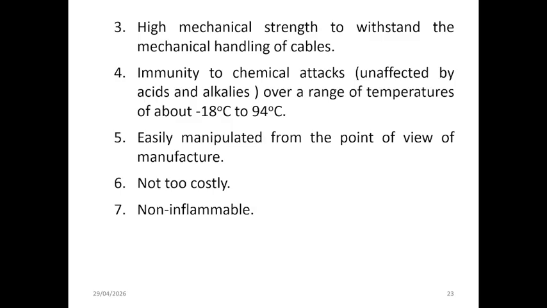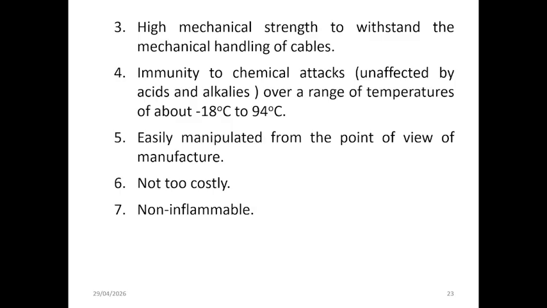Okay, this slide continues the required properties of insulating material used in underground cables. The insulation should have high mechanical strength to withstand handling and installation stress. It must be chemically stable and resistant to acids and alcohols over a wide temperature range.